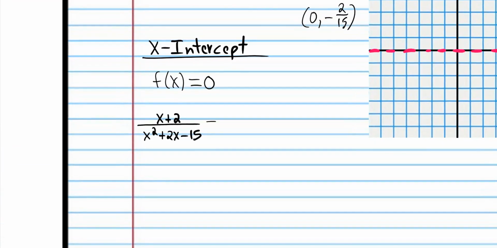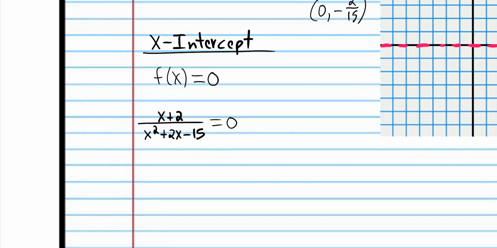When f of x is equal to 0, what would make the fraction 0? Well, it's obvious that the numerator is going to be 0 when x equals -2. Again, in order to make this fraction 0, we need to make the numerator 0.